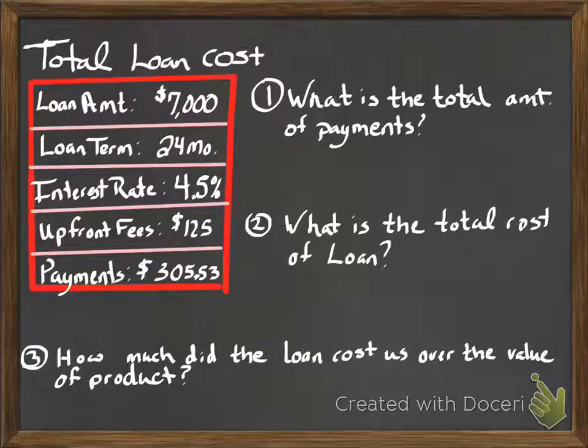What do you think is the difference between those two questions? The results are both in dollars. Both of them are counting the interest rate, but one's including something else extra. The fees? The upfront fees. So number 2 is including these fees in it.